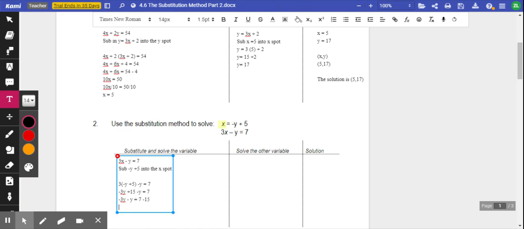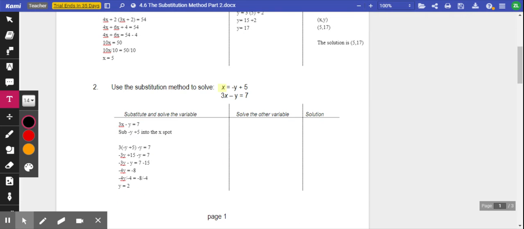Negative 3y minus y being negative 4y, and 7 minus 15 being negative 8. So if we divide negative 4y by the same coefficient, or negative 4, we've got to do the same to the other side. So negative 8 divided by negative 4. Negative 4 divided by negative 4 is y. And negative 8 divided by negative 4 being 2.